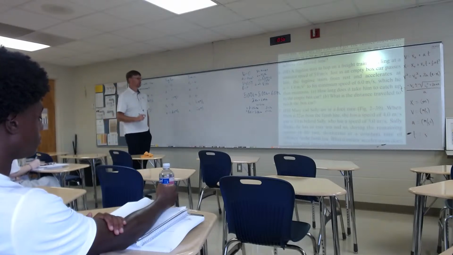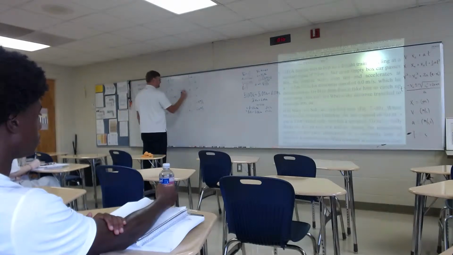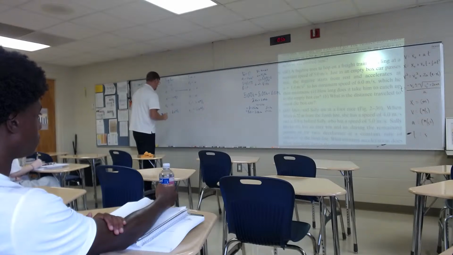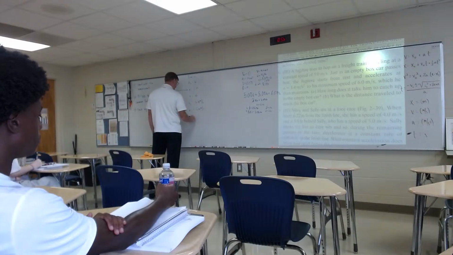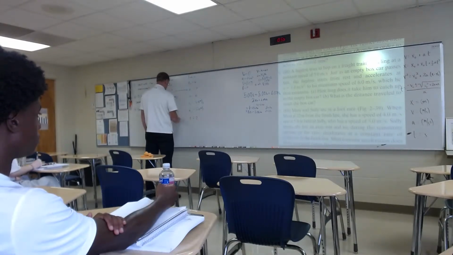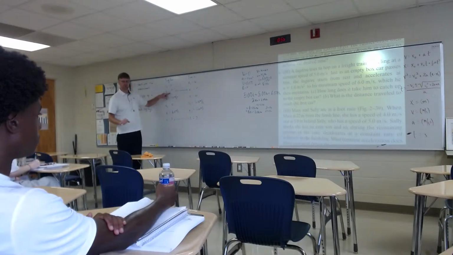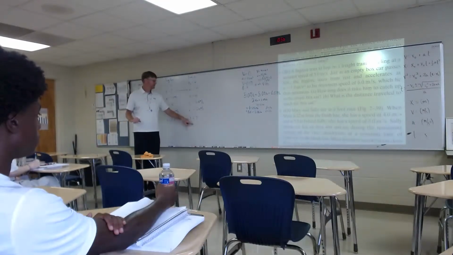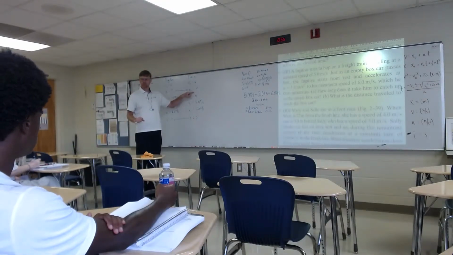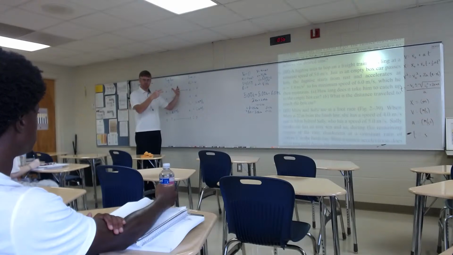We don't know the value of X, but we do know that these two are equal to each other. So the time it takes the fugitive to get to this position and the time it takes the train to get to this position are the same time because of the same position.